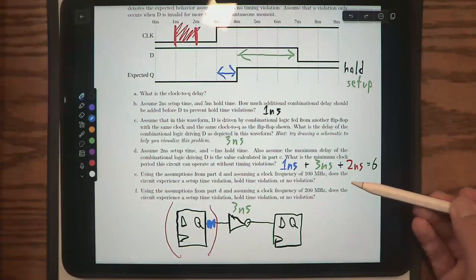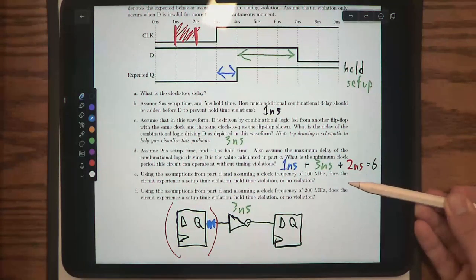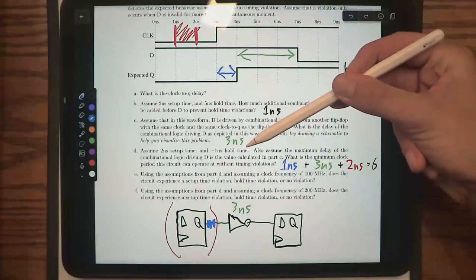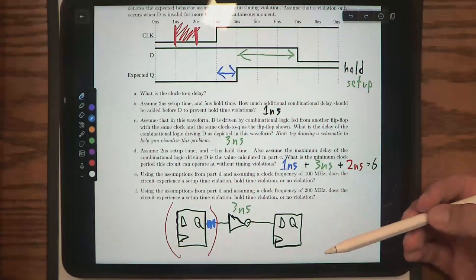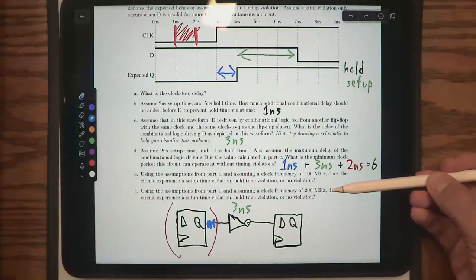Okay, so in this case, assume now we are running at 100 megahertz, a very reasonable clock frequency. Does the circuit experience a setup time violation, hold time violation, or no violation? Remember, our hold time is -1 nanoseconds. So in this question, it is impossible for us to have a hold time violation, so we can cross that off.